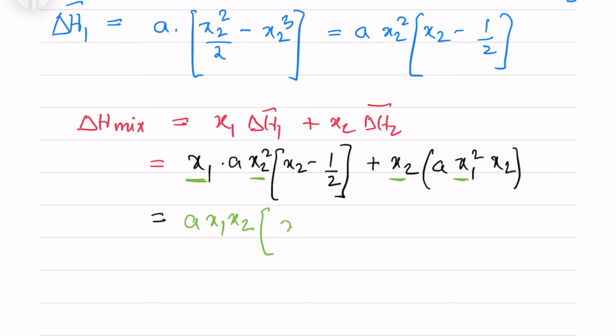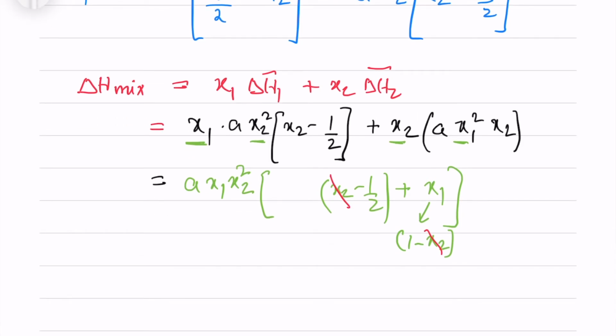I'll be left with x2 minus half plus x1, and x1 would be 1 minus x2. So this term cancels out, and you have 1 minus half, which is half.